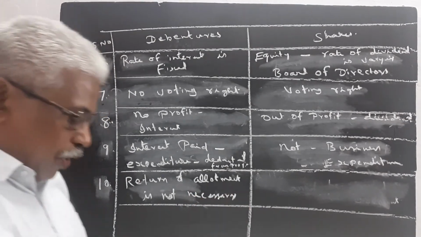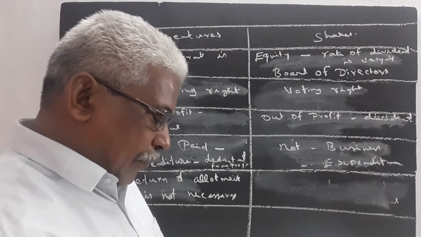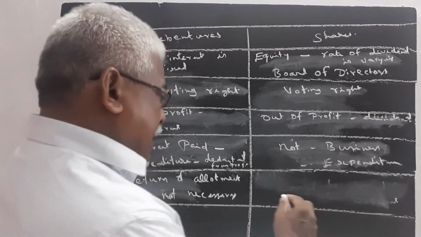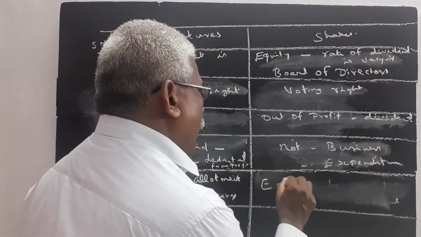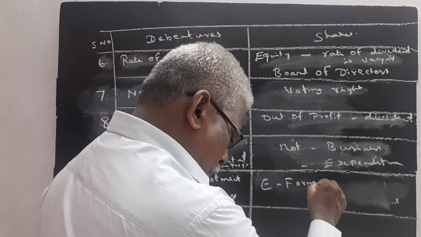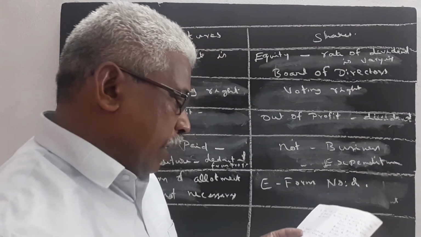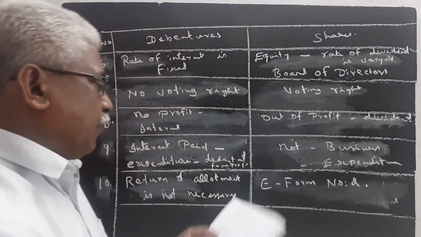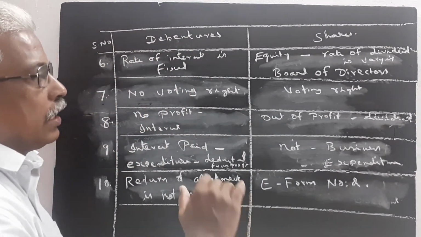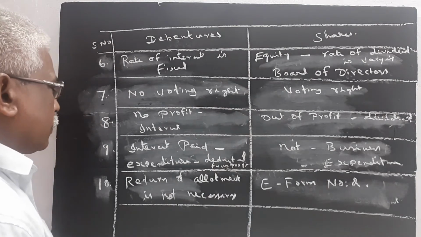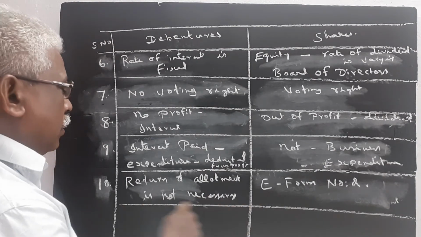But when we issued any dividend, E-form number 2 must be filed to the registrar and given to the board of directors. This is a new point.